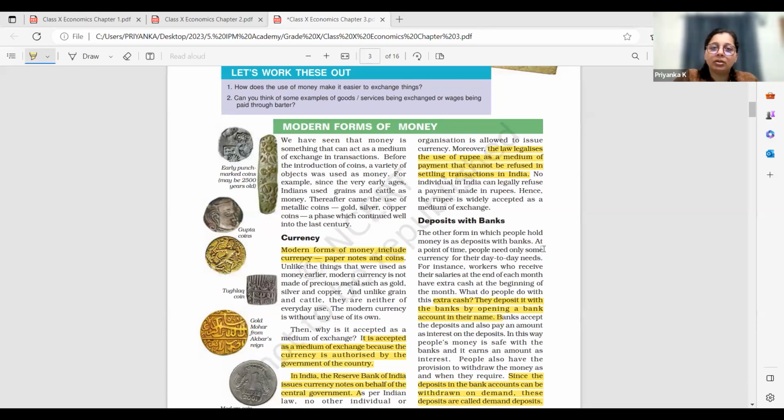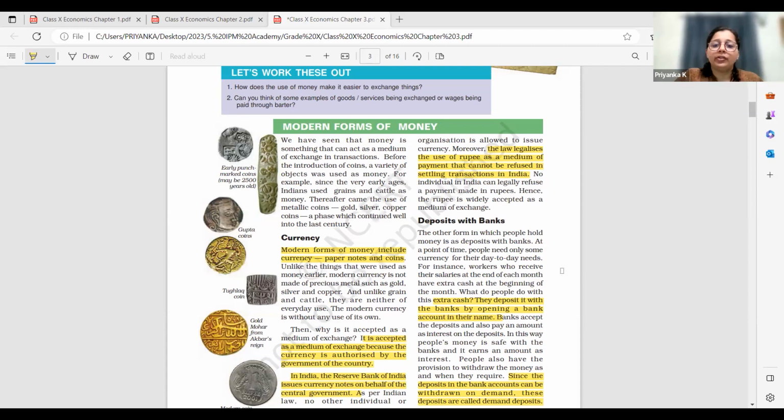And it is the Reserve Bank of India which issues the currency, and no authority other than the Reserve Bank of India, the apex authority, can issue currency on behalf of the central government. So RBI is doing this on behalf of the central government, but no other institution has the right to issue currency in our country.